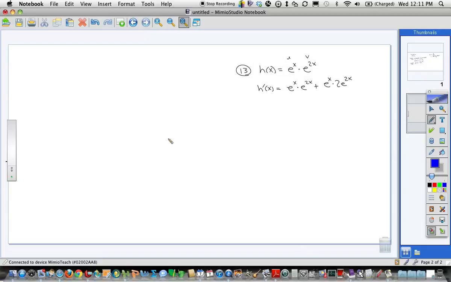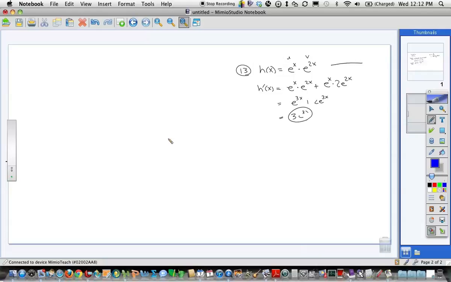Now we're really going to have to be careful with our algebra as we do these, like putting negative signs in the right places. And where do we write the 2? We would normally never write the 2 here, we would write it out in front. Now, at this point, it might dawn on us that e to the x times e to the 2x is e to the 3x. So this is e to the 3x plus 2e to the 3x, which of course would be 3e to the 3x. And so by doing the product rule, we get that.